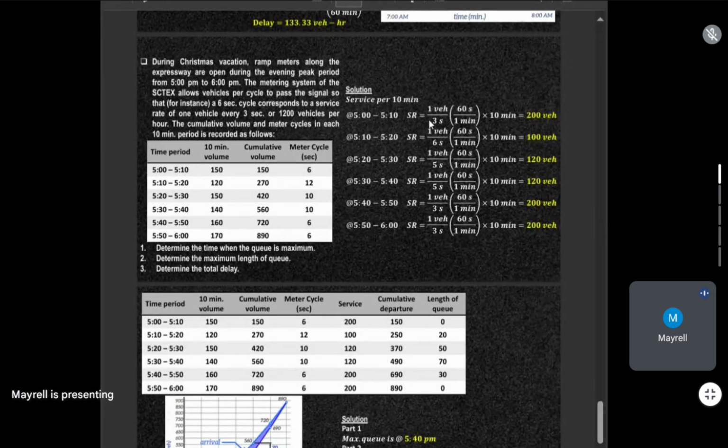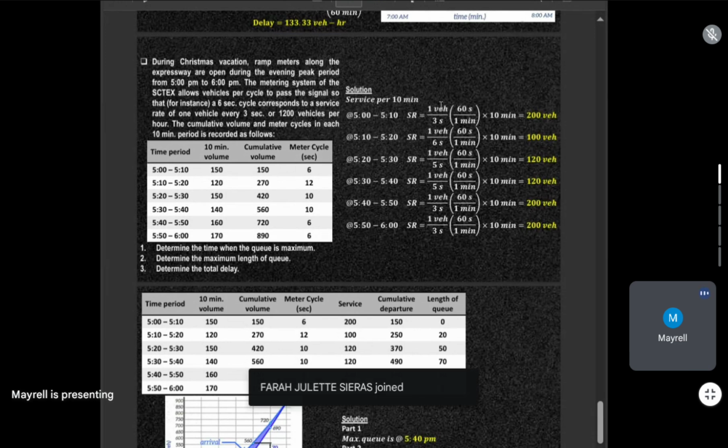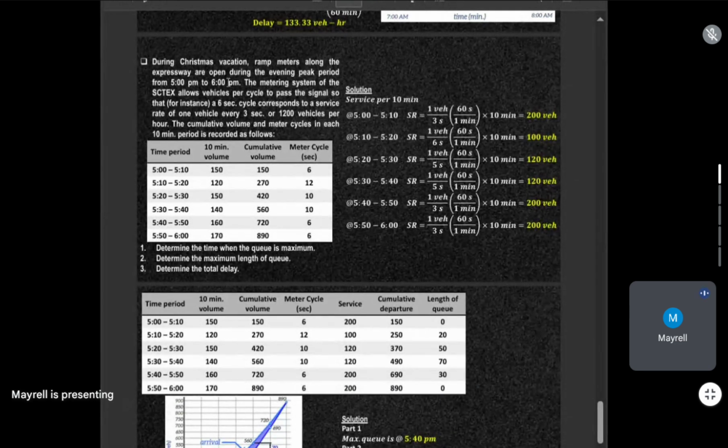Okay, so the service rate: one vehicle, so that's the metering system allows vehicle to pass. So you divide the meter cycle by 2.